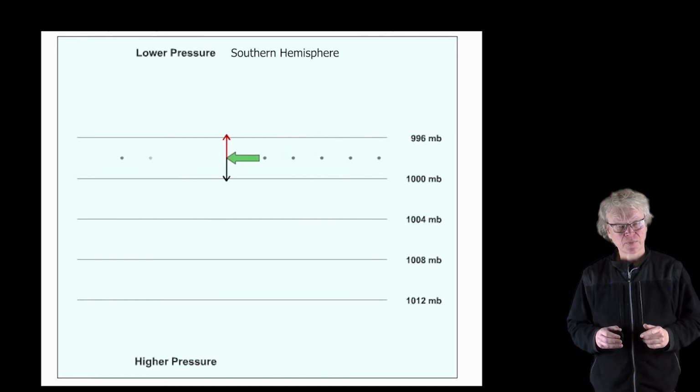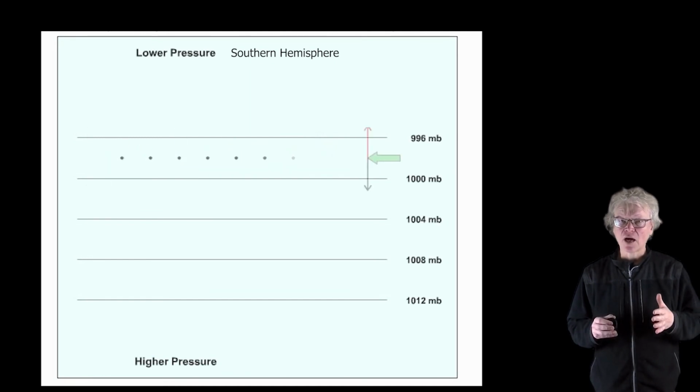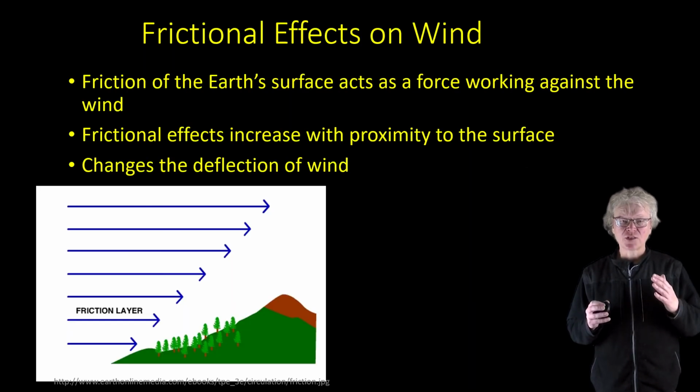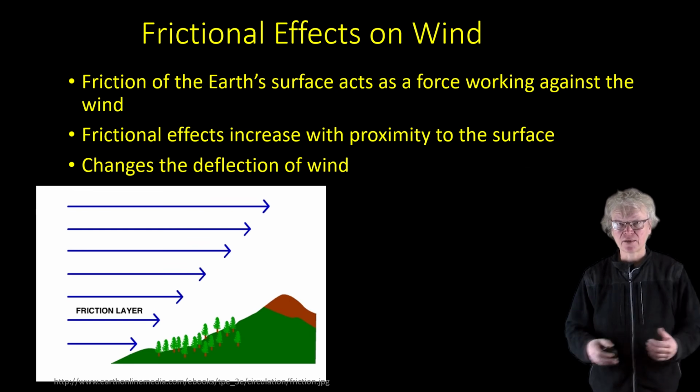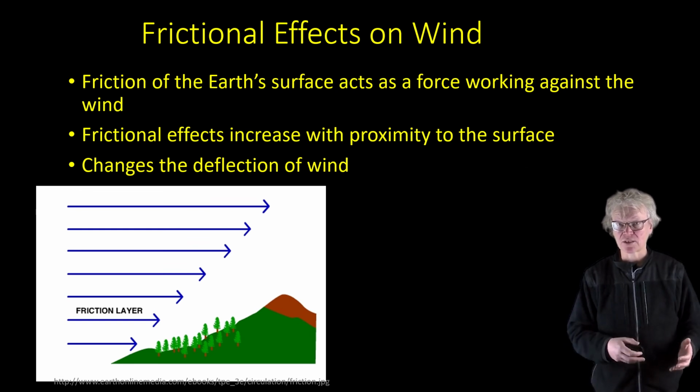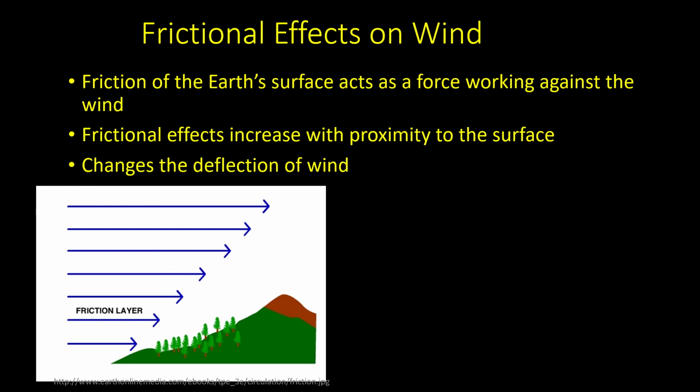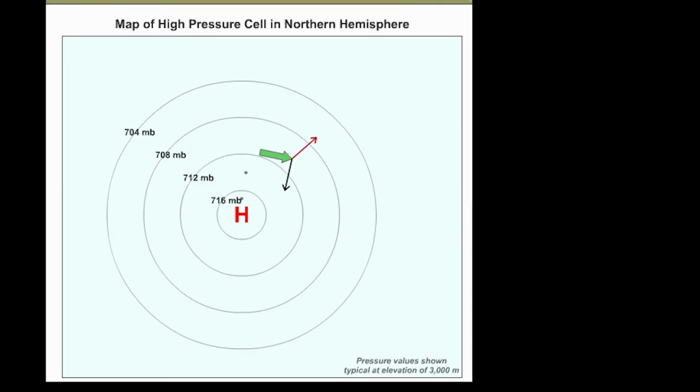But it doesn't. And so the final force is friction. Because the Earth's surface is rough, it's rougher on the land than it is on water, but nonetheless, water still has friction. So the effect of friction is to reduce the deflection caused by Coriolis.